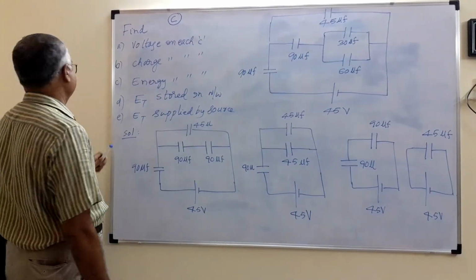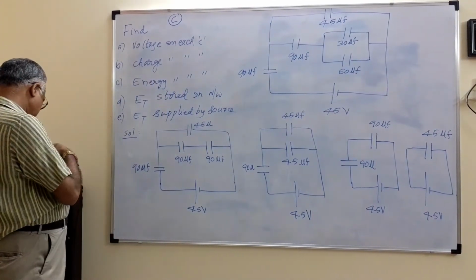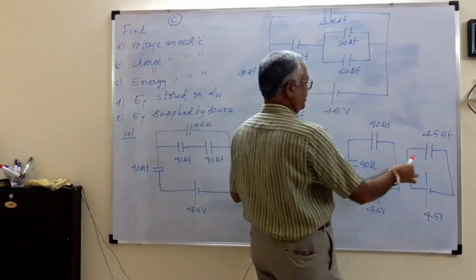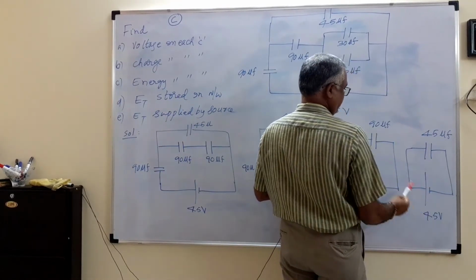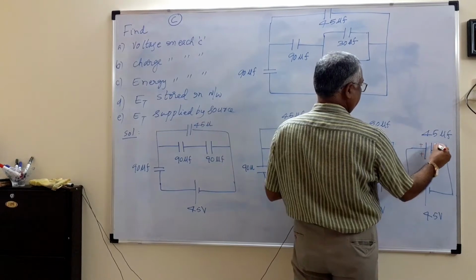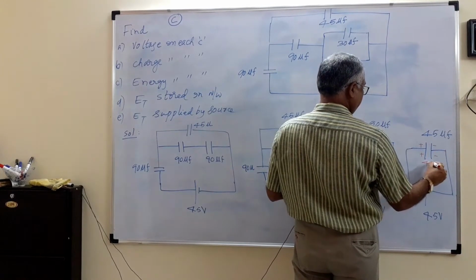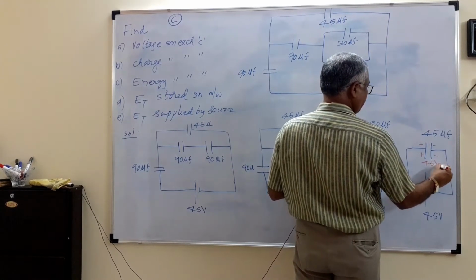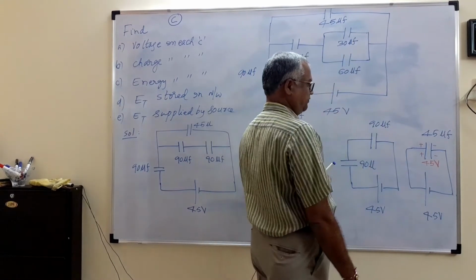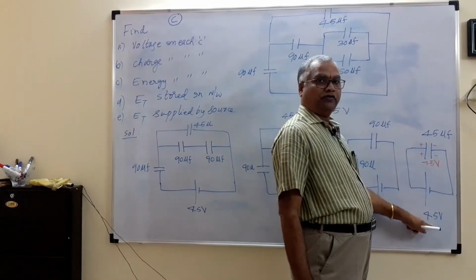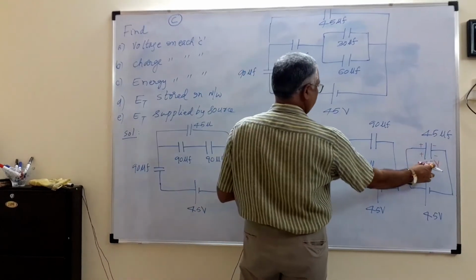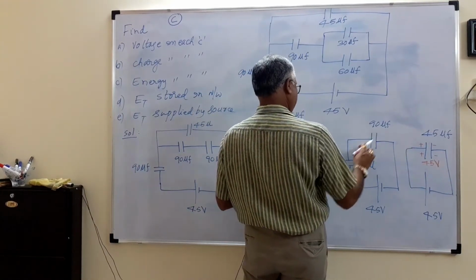Now voltage in each capacitor, let us start answering this. Here the single capacitor is charged to a voltage of 45 volts in zero time. Now this 45 is divided between these two.